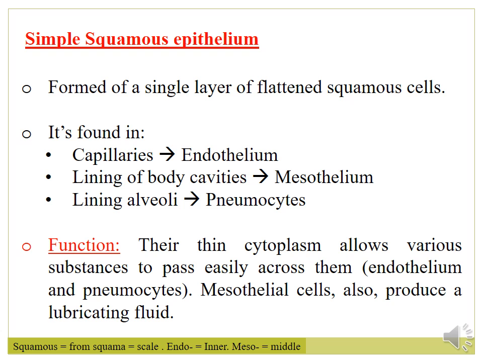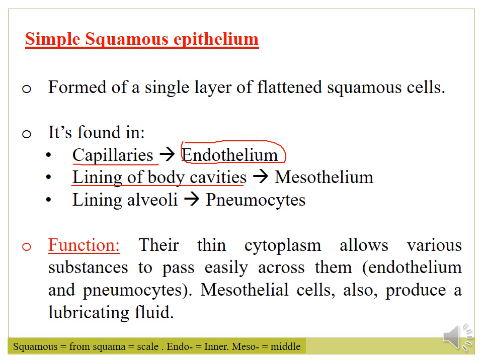So the simple squamous epithelium could be found in capillaries. Here in the capillaries, the simple squamous epithelium is given a special name, endothelium. Also, simple squamous epithelium is found lining body cavities.